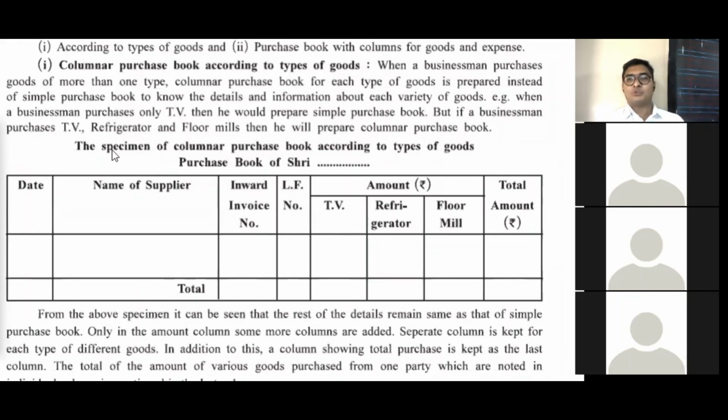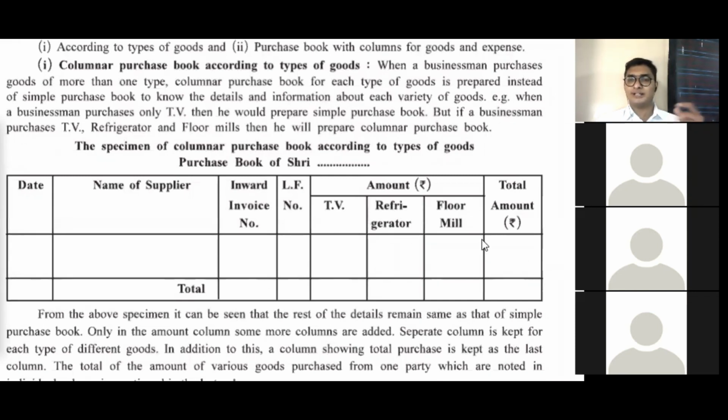So we have to identify why we prepare a columnar purchase book. If a businessman is doing business but selling more than one item, like TV, refrigerator, and flour mill, we can say his business is in electronic items.